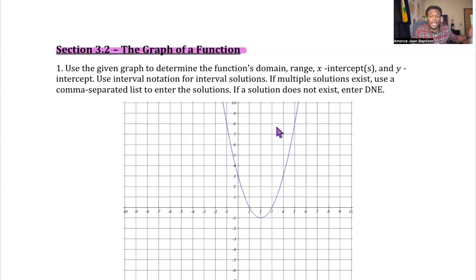Domain is all the x values that the graph of the function covers. And the range will be all the y values that can be counted as output for the function. Now, I said can be counted, and we can do the same thing for the domain as well. Now, I'm looking at this graph.